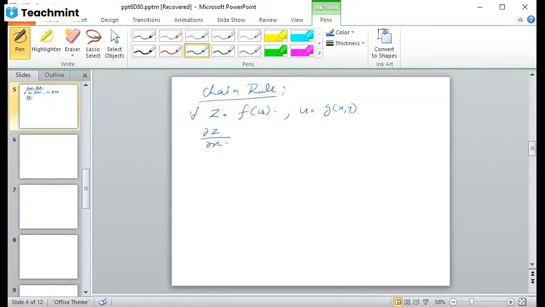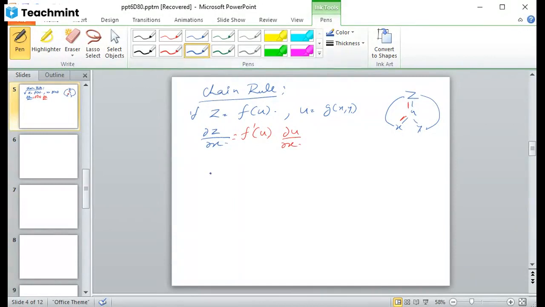Because z depends upon u, and u depends upon x and y, z also depends upon x and y. But how can we differentiate it? Because z depends upon u, we differentiate with respect to u first and then u with respect to x. It will give us curly z upon curly x. When I differentiate z with respect to u, it is a single variable, so here we use the derivative, and because u depends upon more than one variable, we differentiate partially.